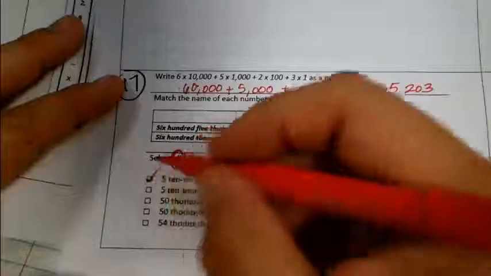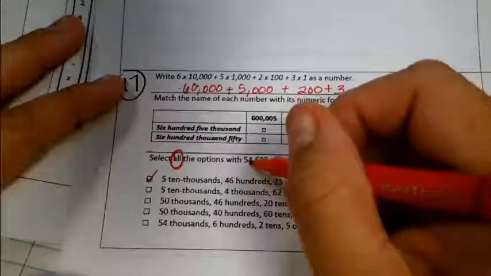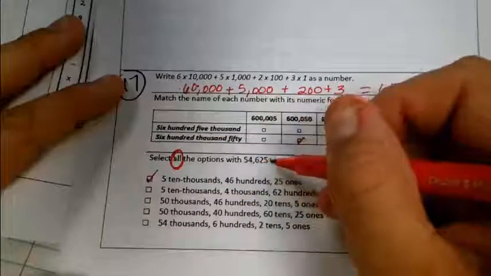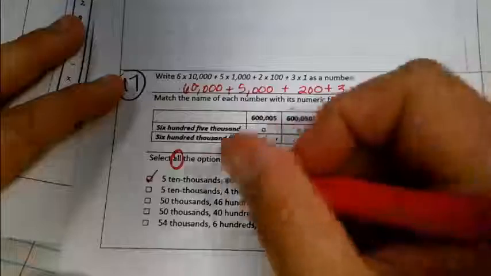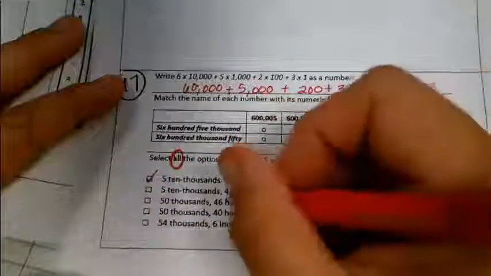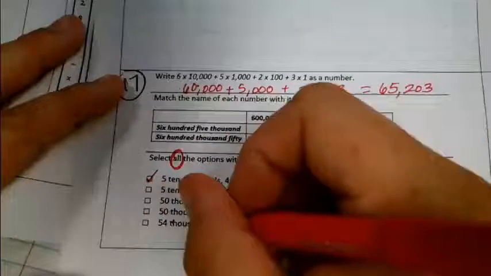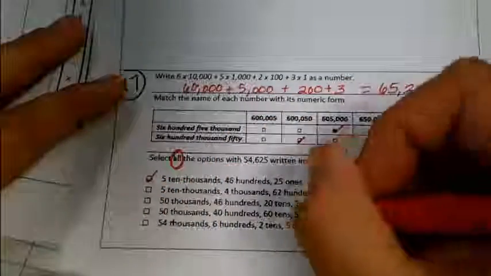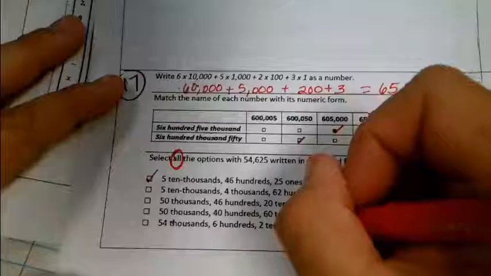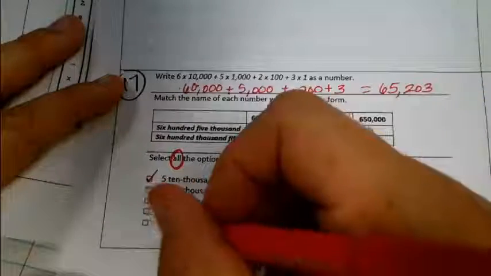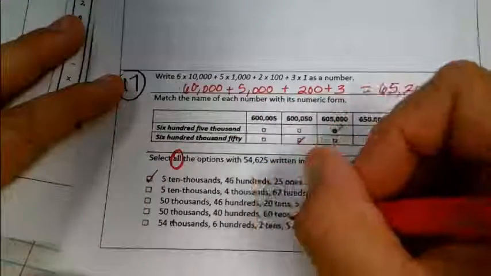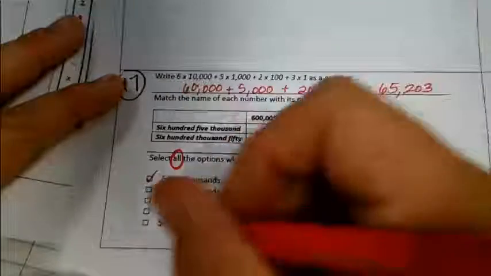This works. 5 10,000s, 4,000s, 6,200s, 5 ones. That's not going to work. 50,000s, 4,600s, 20. Nope, that's not going to work. 50,000s, 40,000s, 60 10s, 25 ones. No. 54,000s, 600s, 2 10s, 5 ones.